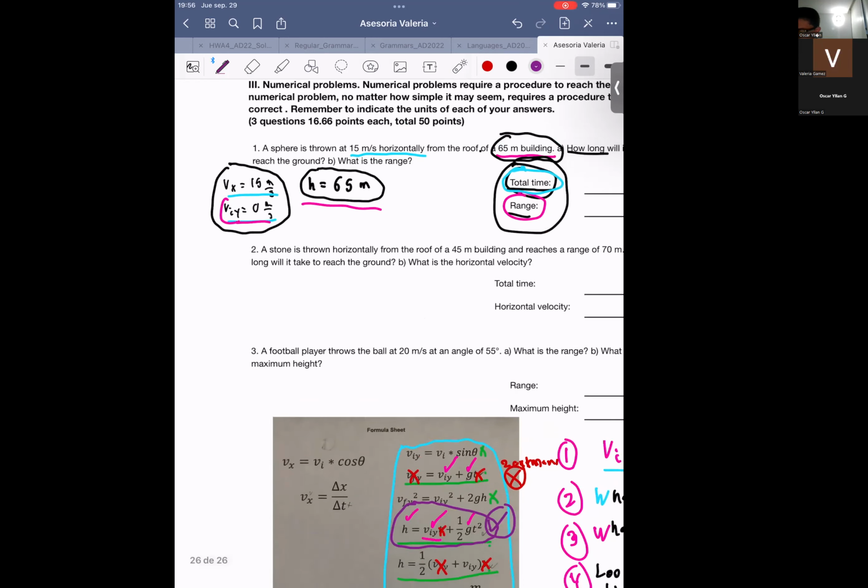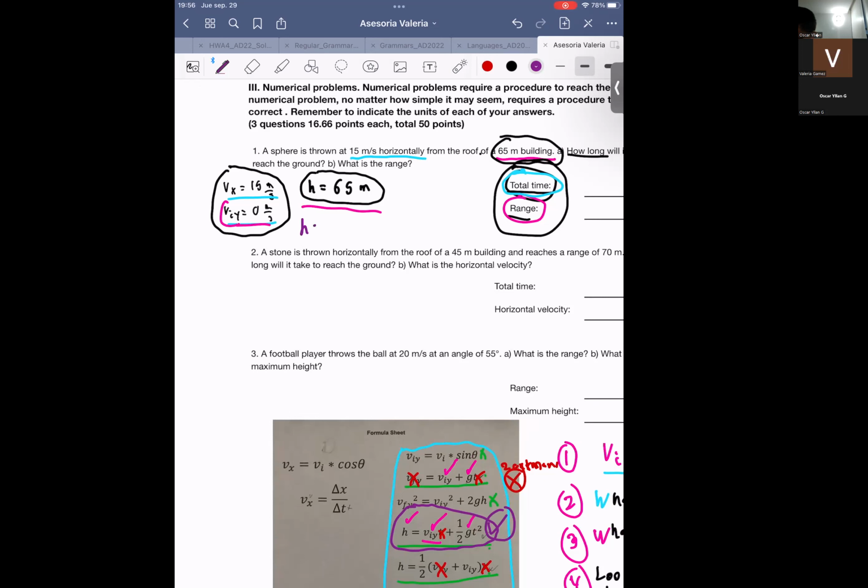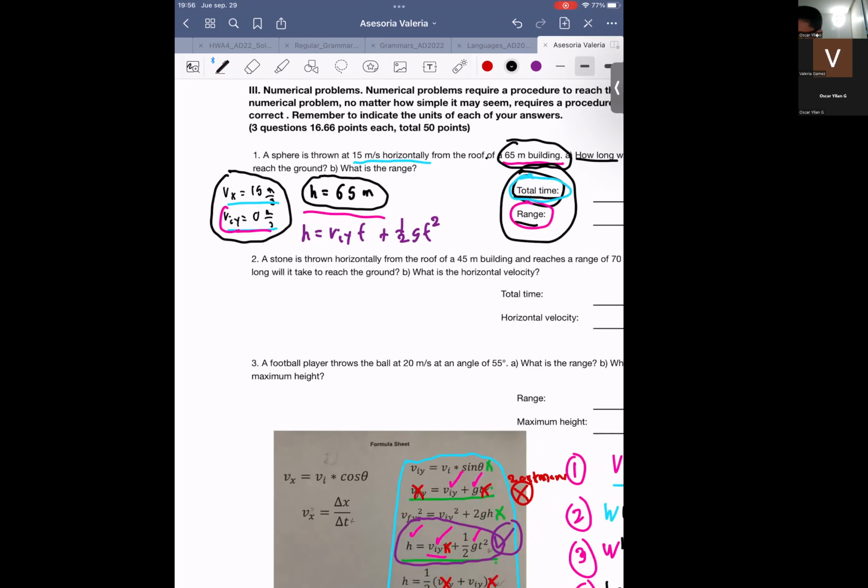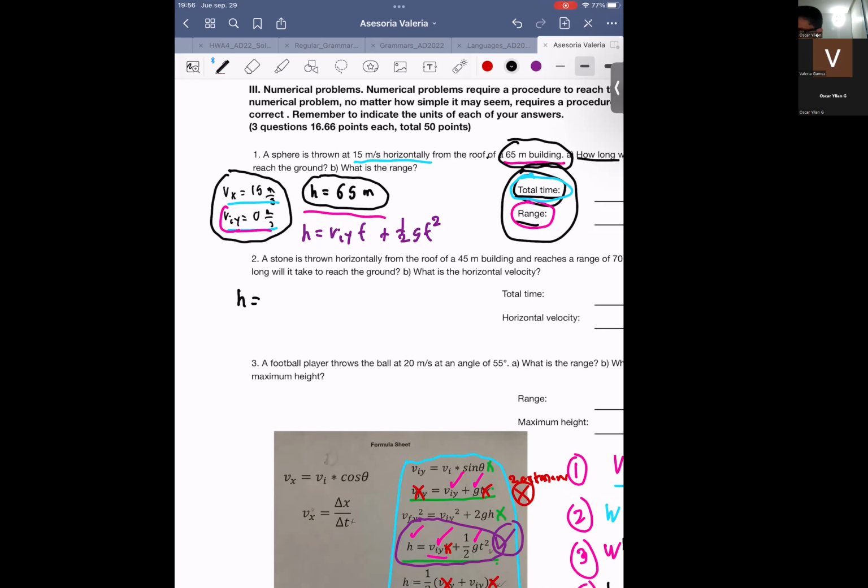So basically h equals VIY times time plus 1/2 of g t squared. Okay, let's replace the values. I will do it here and later I will make it smaller. The value of the height, what was it? 65, right?